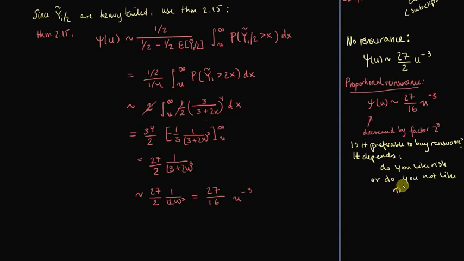Because if you like risk, then it probably doesn't mean that much for you to reduce the ruin probability, because on the upside, you get to earn a higher premium as well.